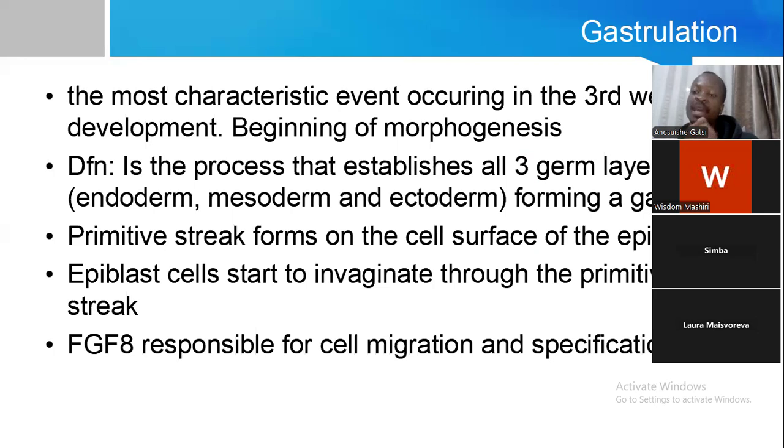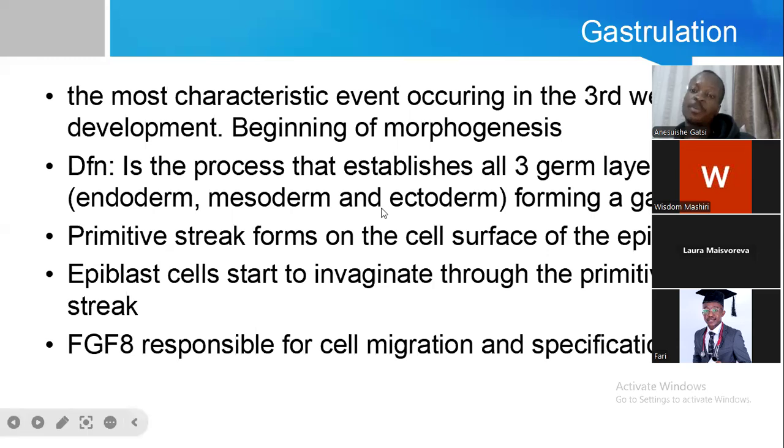That is going to be endoderm, mesoderm, and ectoderm, from inside going outward. And in that process, we form what we call a gastrula. So you can call it a gastrula when it's now a trilaminar disc, right? So to start the process of gastrulation, there's going to be formation of the primitive streak.